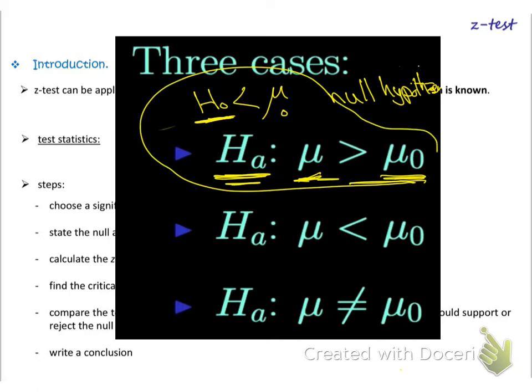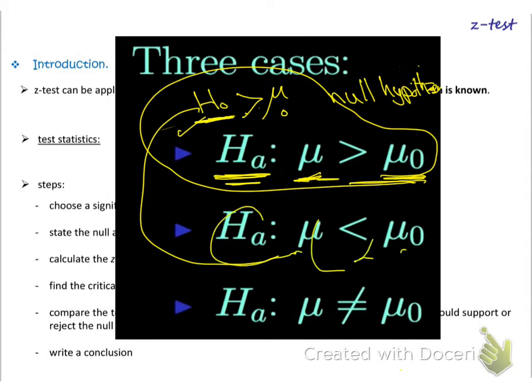Then I'll prove which one of them is right. Or the other way around, it could be in the problem itself that H naught is mu greater than mu naught, so my H alternative would be mu less than, the opposite. Or it could be H naught equals mu naught.